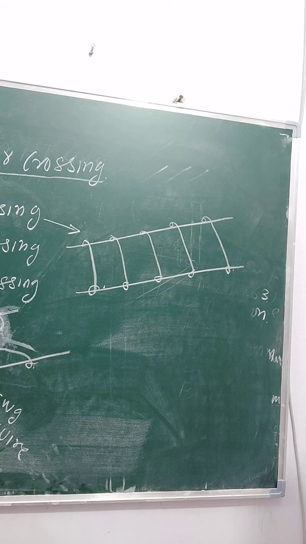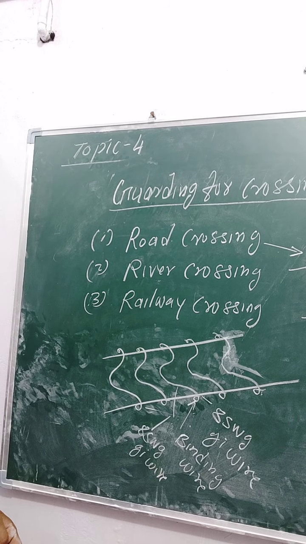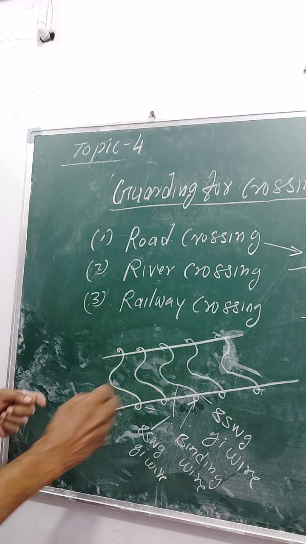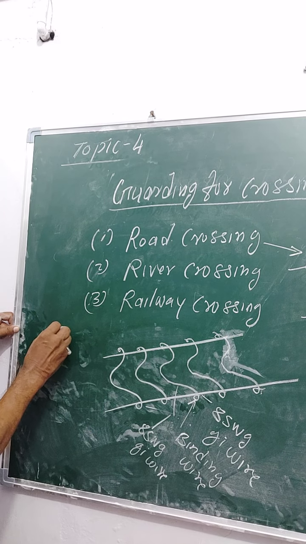This is also 8 SWG GI wire. So you see, this is a cradle guarding, and this is mesh guarding.